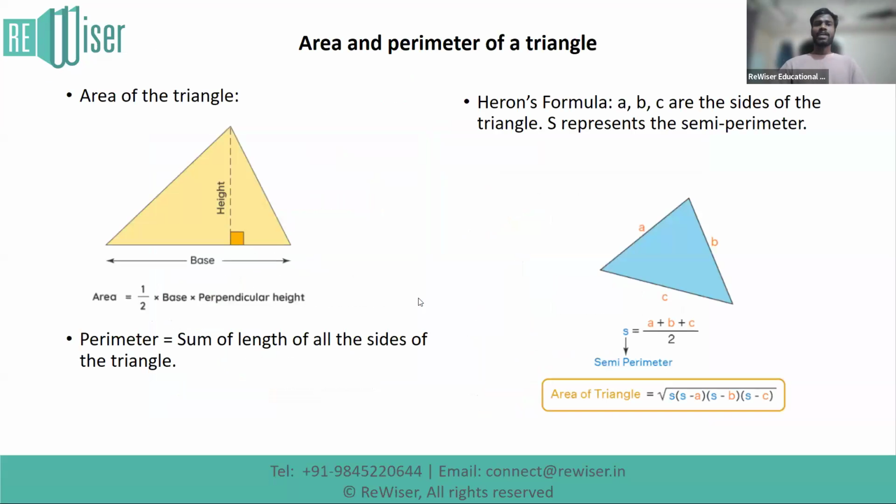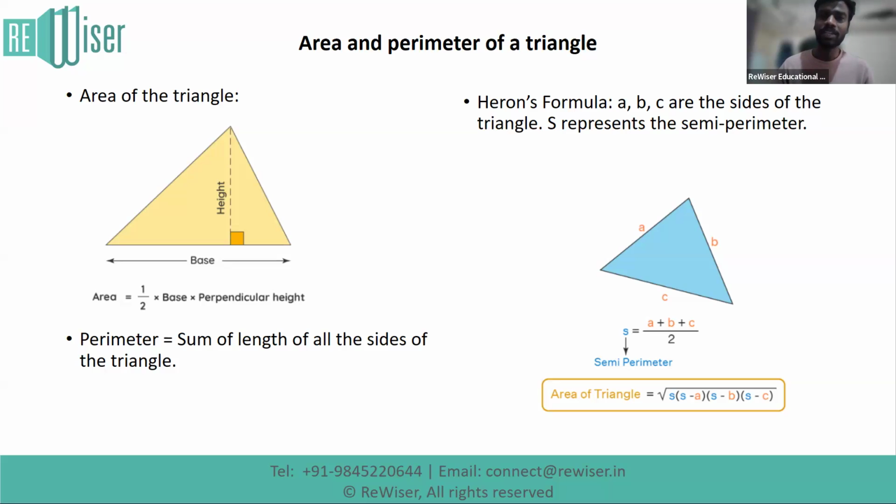And the next thing that we have is the area and perimeter of a triangle. We know the basic formula: area of a triangle is half base into the perpendicular height, and perimeter is the sum of all three sides, right?